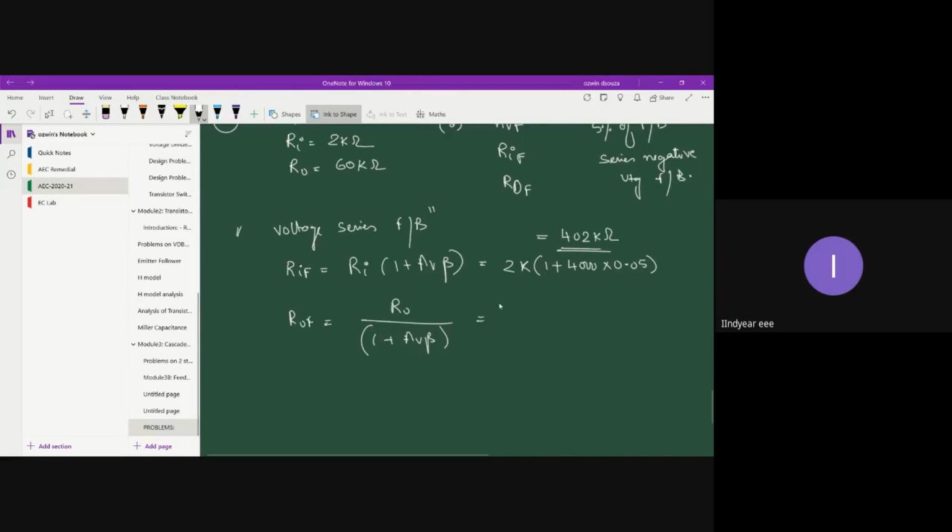Let's look at the output resistance with feedback. Output resistance without feedback is 60 kilo ohm, divided by 1 plus 4000 into 0.05. So R0F is 60 kilo divided by the factor, which will give you 298.5 ohms.